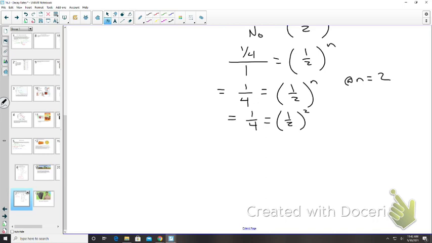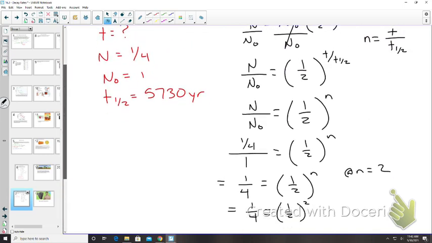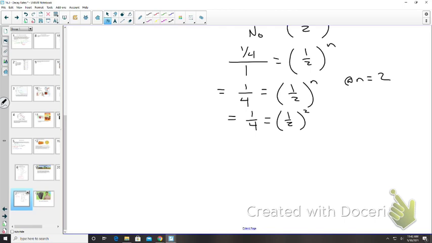Okay, so if we know our N is equal to 2, now we just need to substitute that back into our formula right here. So 2 is equal to T divided by 5,730 years.